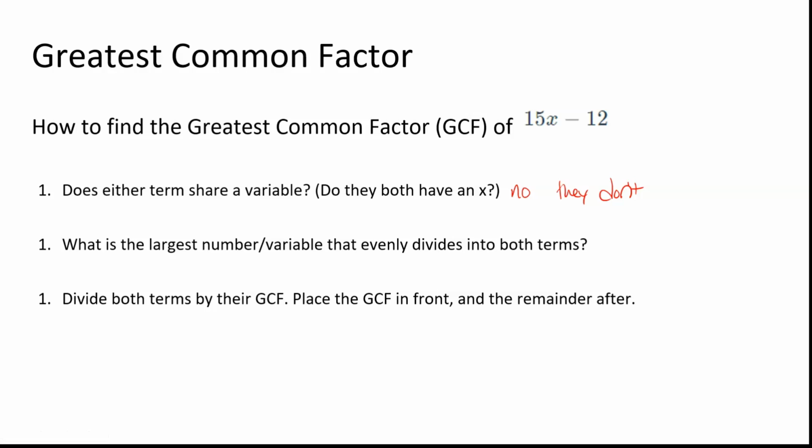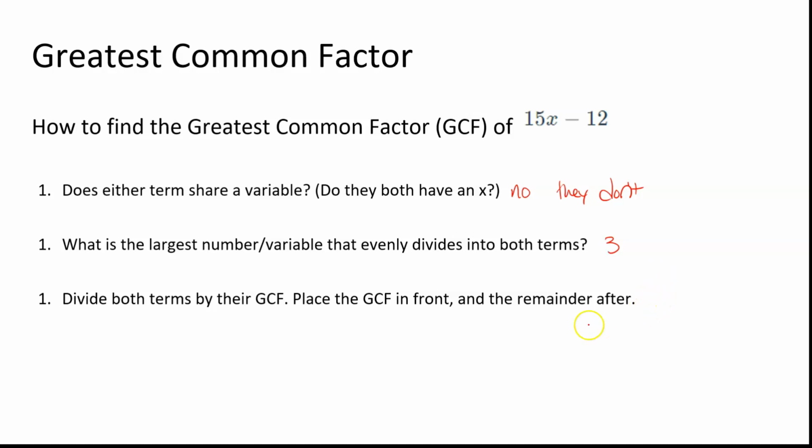That is our GCF. So we're looking for a number that divides into 15x and negative 12 evenly. That number is going to be 3. 3 goes into 15x 5x times, and then negative 12, when divided by 3, is negative 4. So we're going to divide both of our terms by their GCF, and then we place the GCF in front and the remainder after in parentheses.